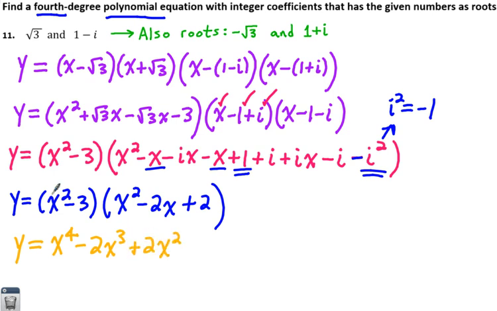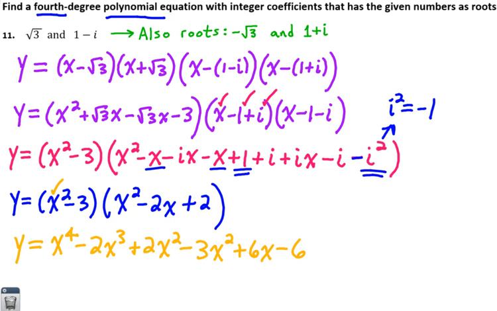And so that takes care of that. And now I have to distribute the negative 3 through all this bubble. So minus 3x squared plus 6x minus 6.